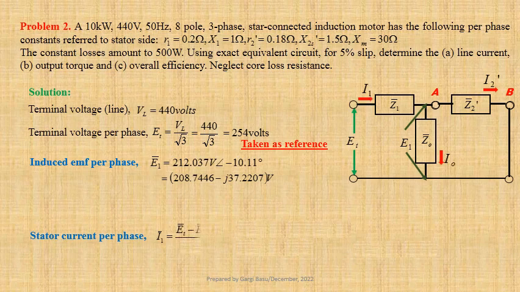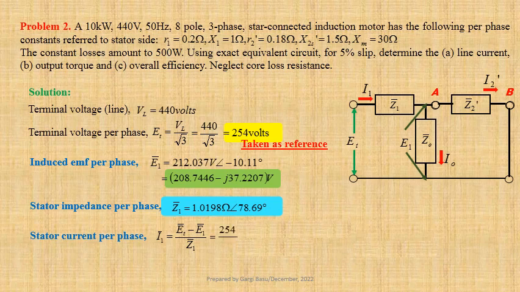Let us now determine stator current per phase. I1 equals Et minus E1 divided by Z1. We have determined stator impedance per phase Z1 equals 1.0198 ohm at an angle 78.69 degree. Using values we get I1 equals 254 minus (208.7446 minus J times 37.2207) divided by 1.0198 at an angle 78.69 degree.